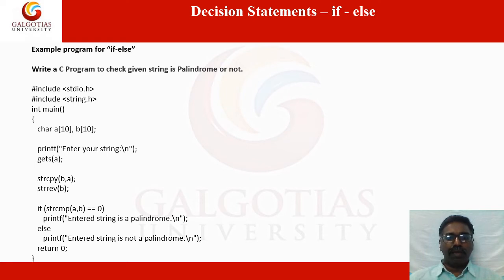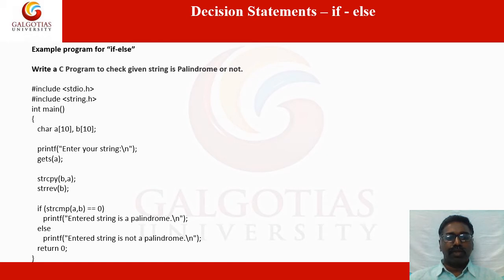Now we are going to verify by means of a program in C. To get the value from the user, we are going to declare a character array, and to reverse the value, we need another character array. So I declare character arrays a and b with a size of 10.